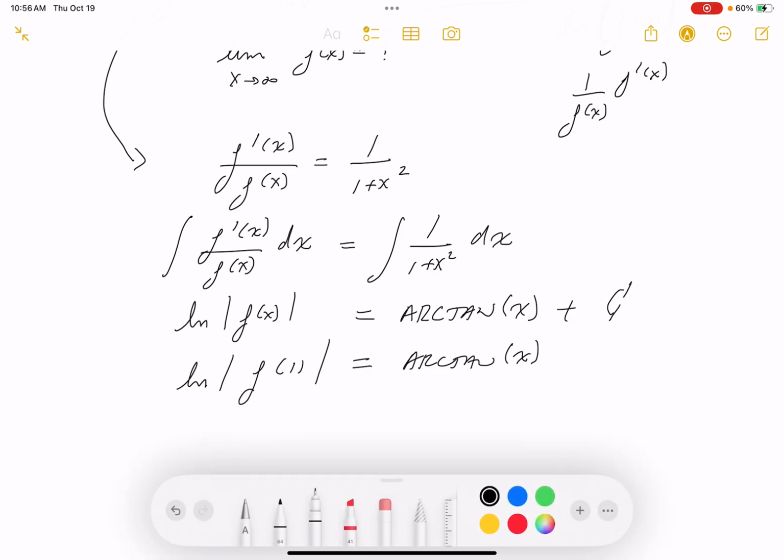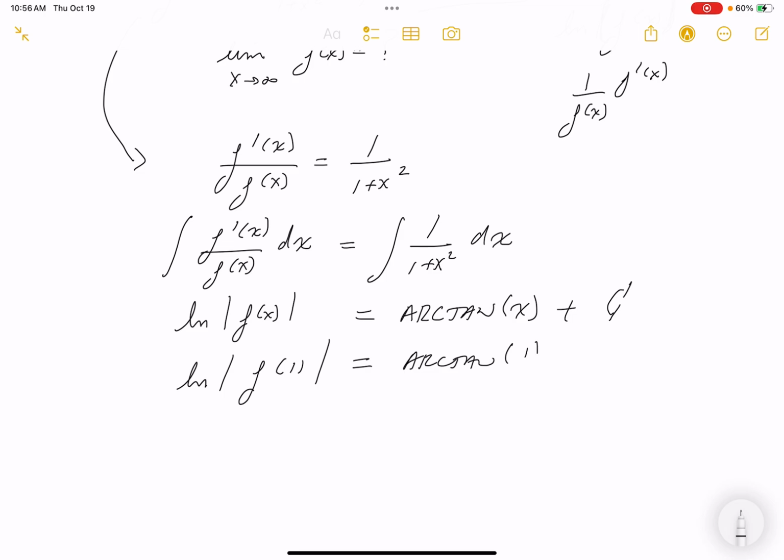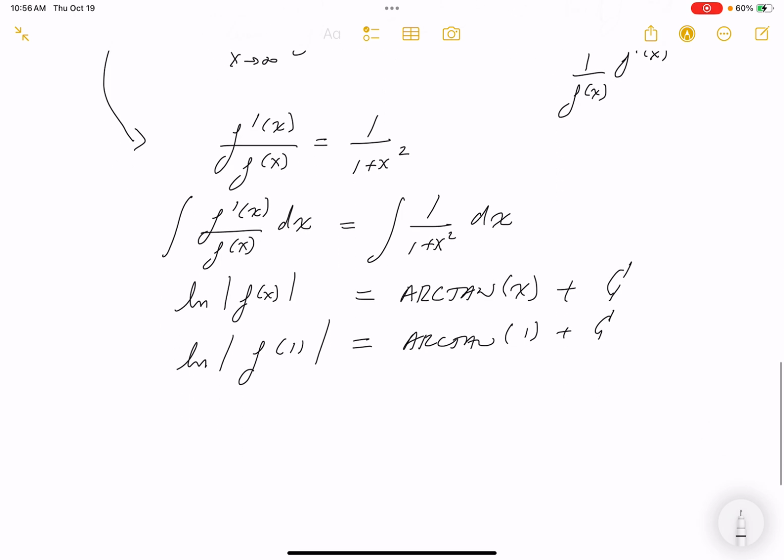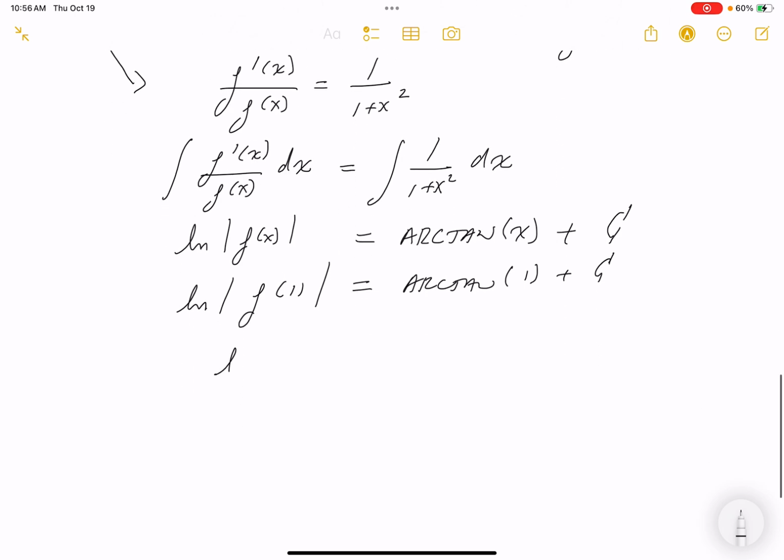Let me go backwards again. Arctan of 1 plus c. Right? I got some condition I could evaluate this with. And what's f of 1? It's the root of e. So this is the natural log of the absolute value of the root of e. The arctan of 1 is pi over 4 plus c. We're just trying to figure out the c, by the way.